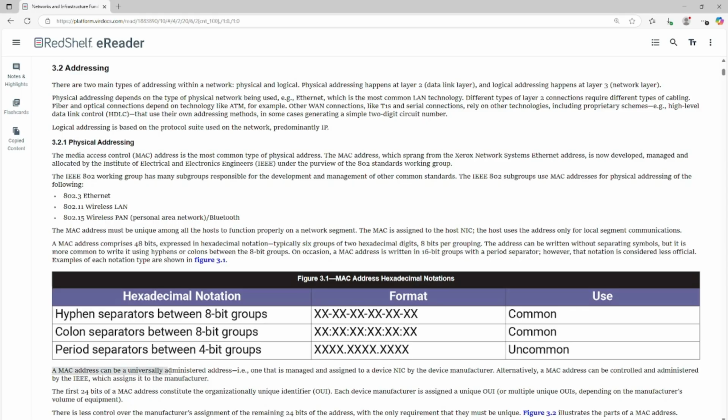A MAC address can be a universally administered address. That is one that is managed and assigned to a device, the network interface card, by the device manufacturer.